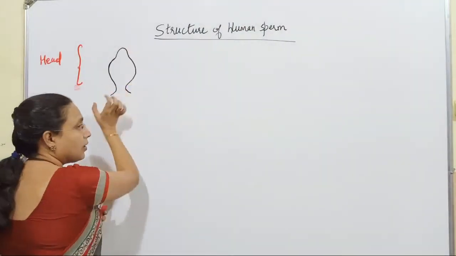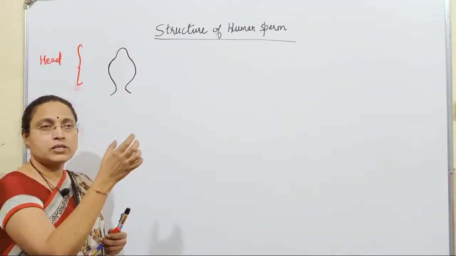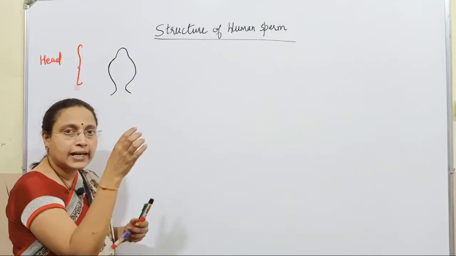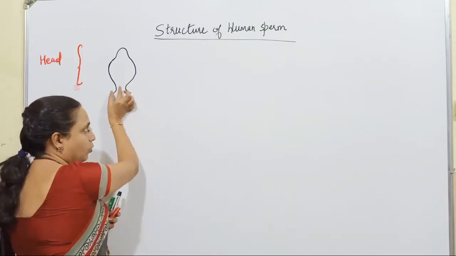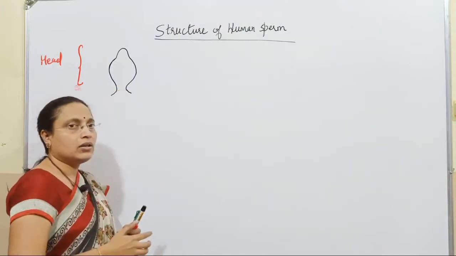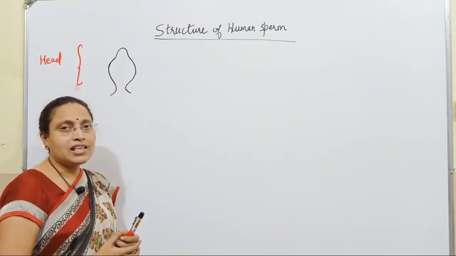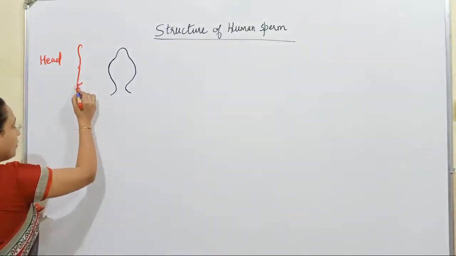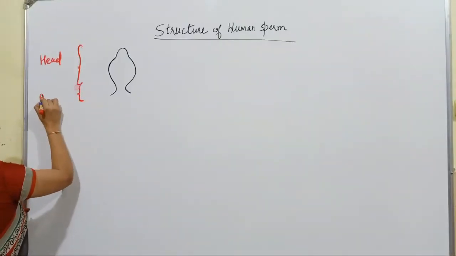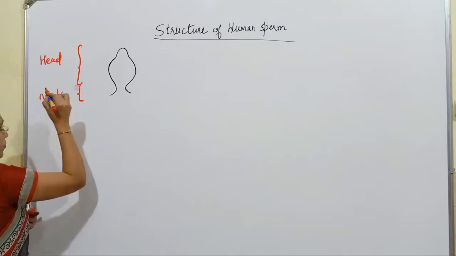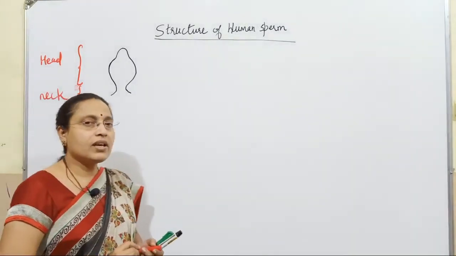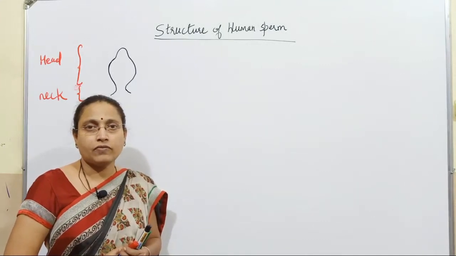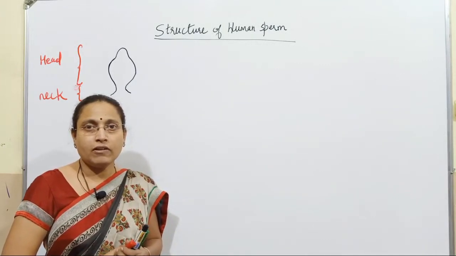Following the head, the portion of the sperm becomes depressed and it becomes constricted or narrow. This narrow part or constricted part is called the neck of the sperm. Now, which are the different parts present in the head as well as neck of the sperms and their functions?